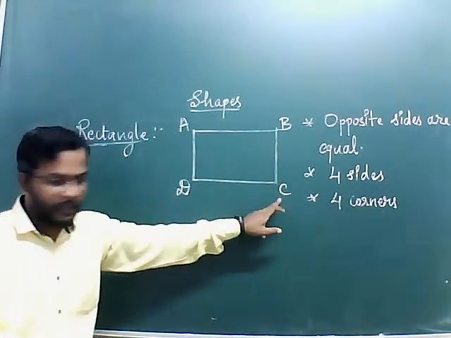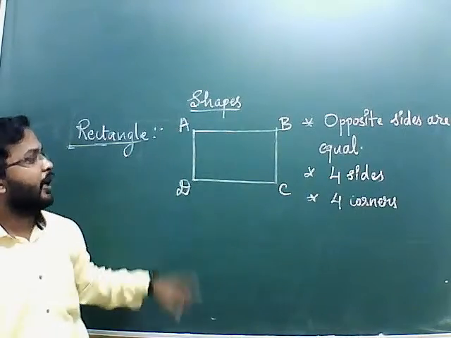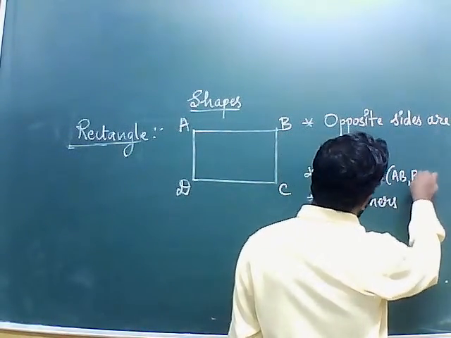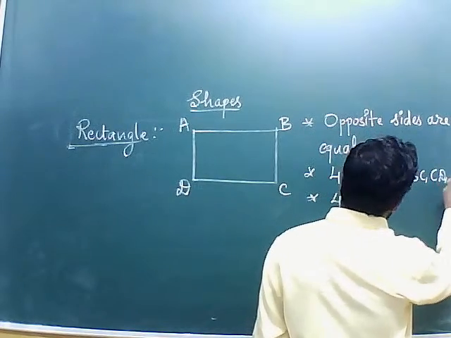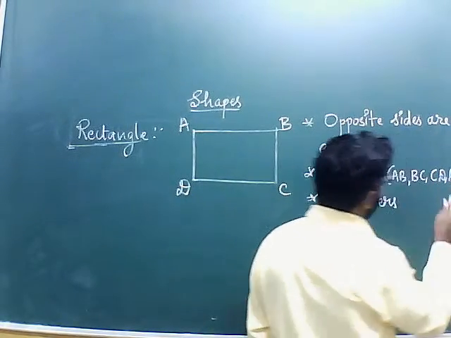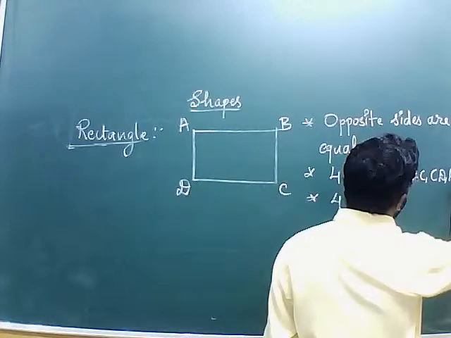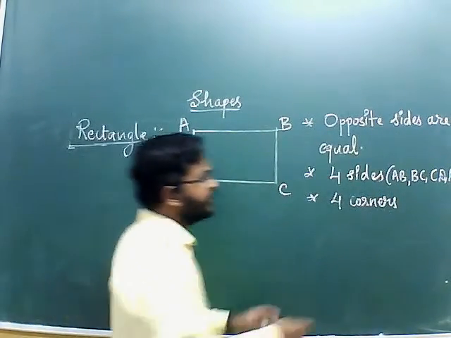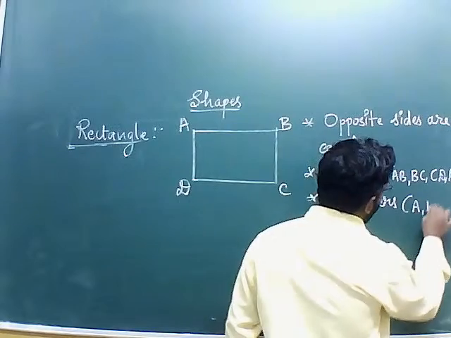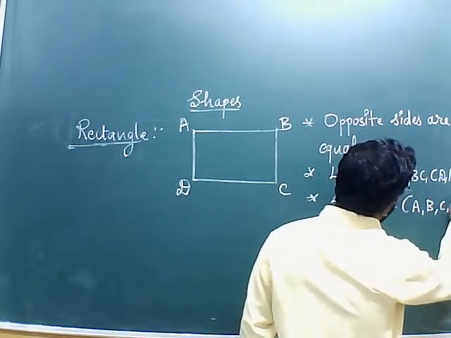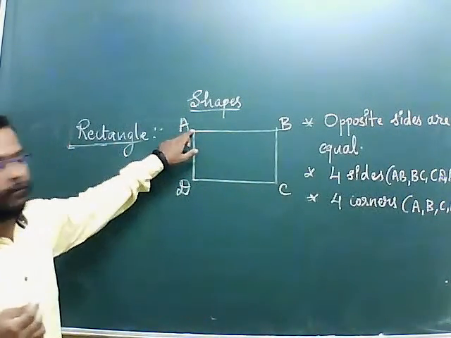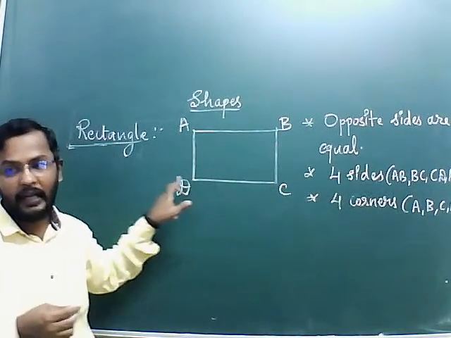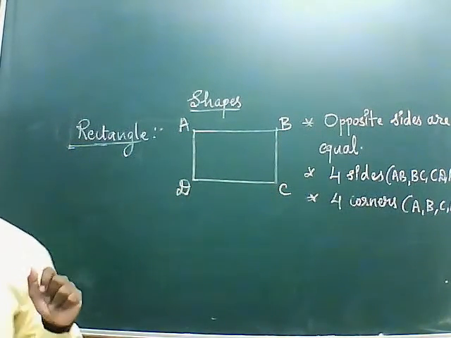AB, BC, CD and DA. If you want, you can write that. These are the 4 sides. And corners are only A, B, C, D. This is one corner, this is another corner, C and D, these are the corners.